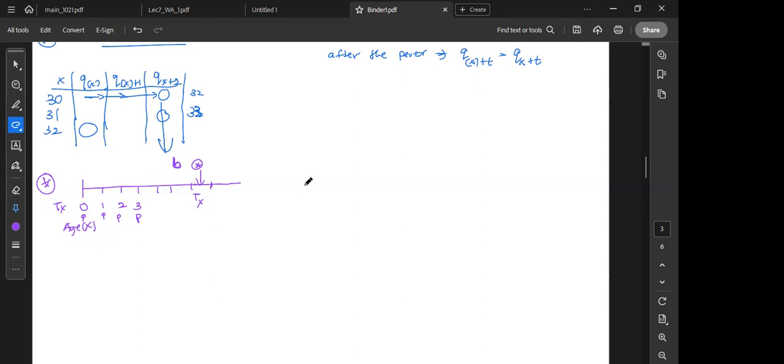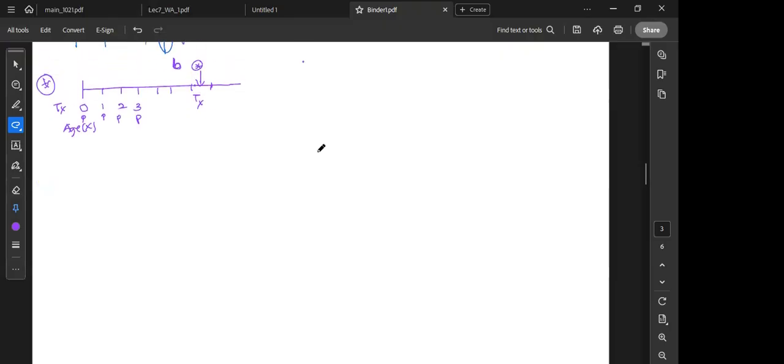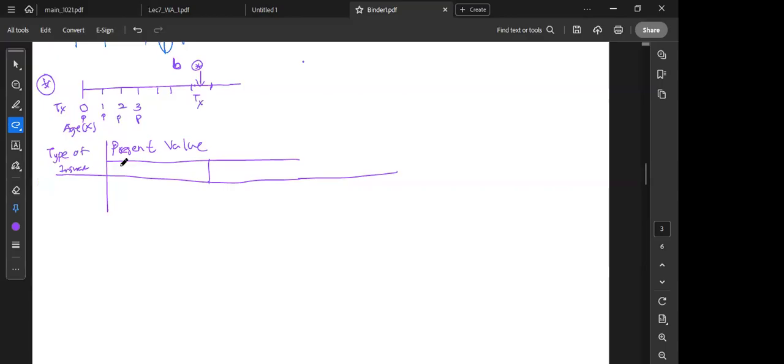Then we can quickly go through 5 policies for the continuous case, and we will have the present value random variable and the type of insurance. For this, the present value depends on the discreteness, which means the type of the random variable.